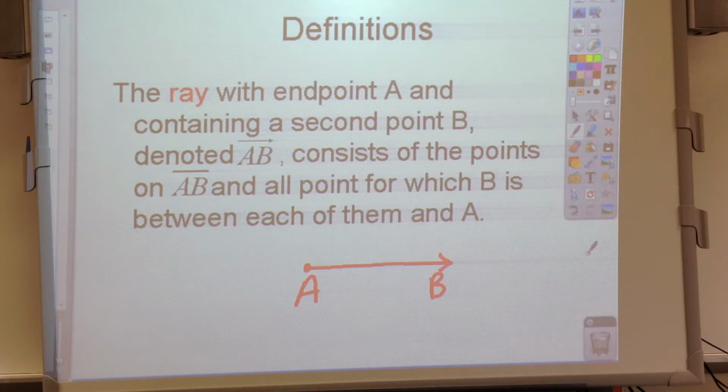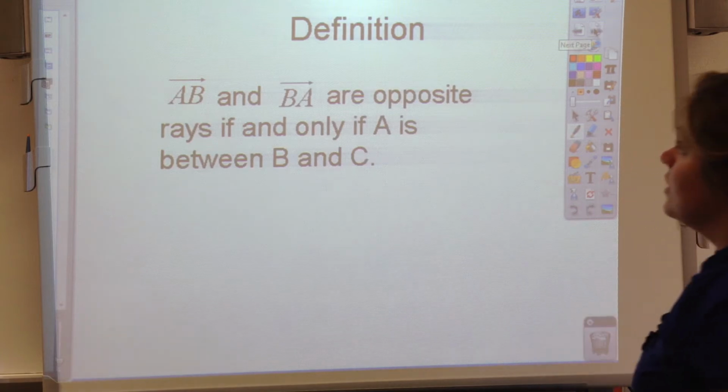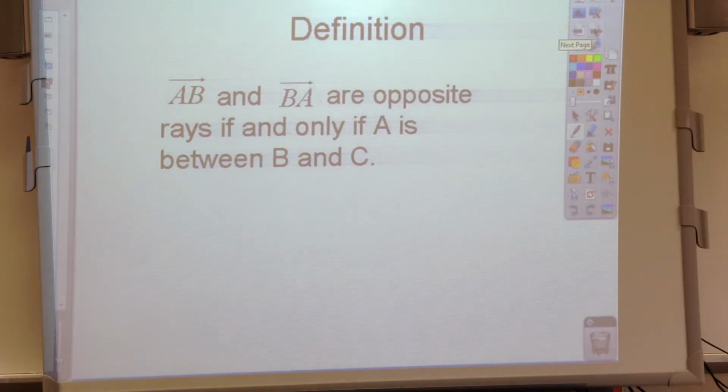Obviously, the more are the points beyond B. Rays AB and BC are opposite rays if and only if B is between A and C. We'll talk more about rays, line segments, and betweenness tomorrow.